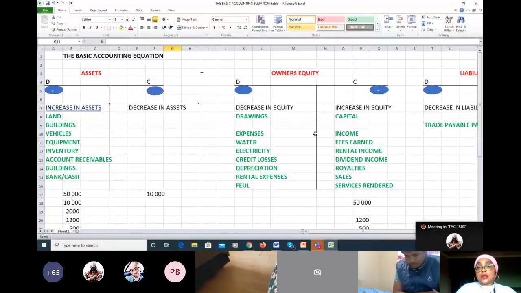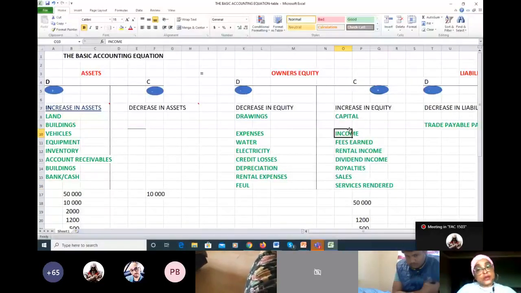So everything, expenses would be fuel, electricity, credit losses, depreciation, rental expenses. Capital will be under income. I mean, capital is not income, it is equity.